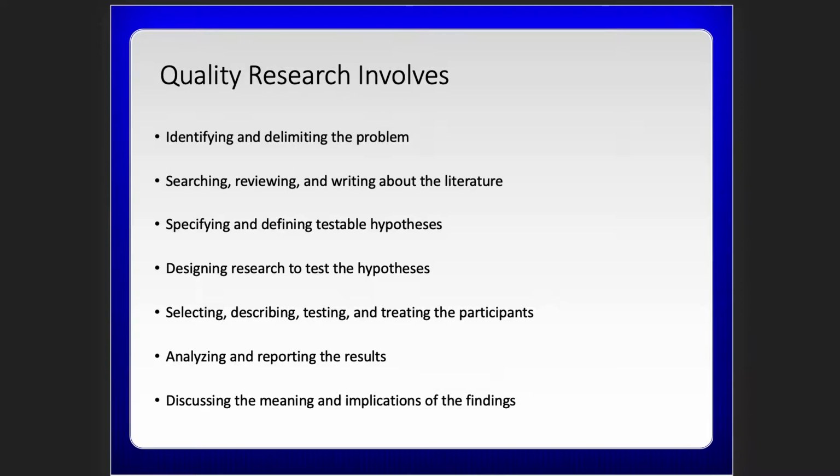Then from there, you search, you review, and you write about the literature, everything that has been done previously, or try to find everything. Every once in a while, you're going to miss some sources. It's difficult to get every single peer-reviewed piece of literature that has been done on that one specific topic.